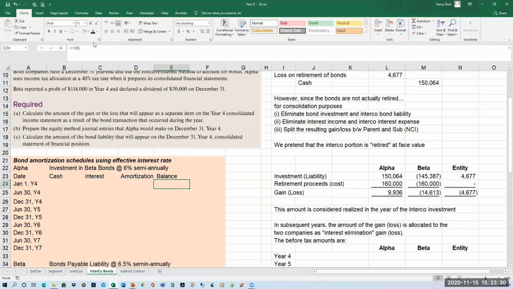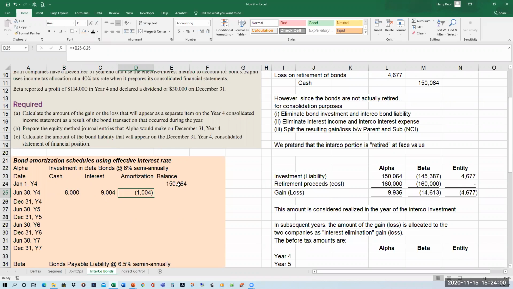So starting with $150,064, every 6 months, Alpha is going to get cash of 8,000. Interest is calculated at 6%. 6% of 150,064 is $9,004. So 8,000 minus the $9,004 gives us negative amortization of 1,004.